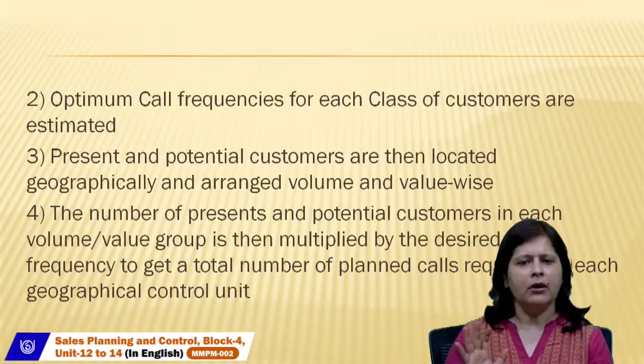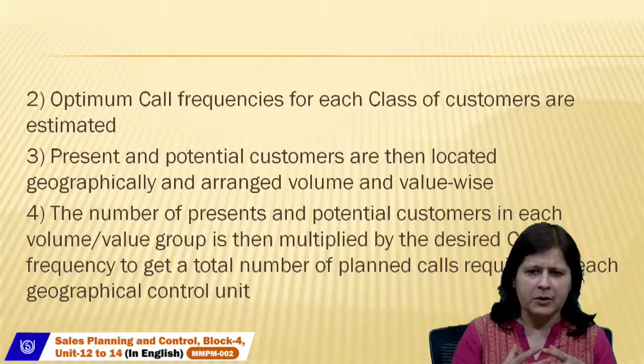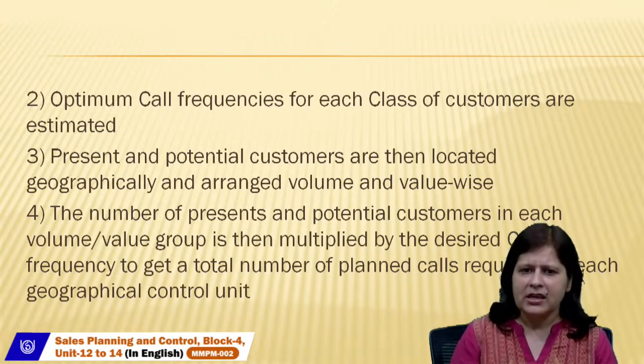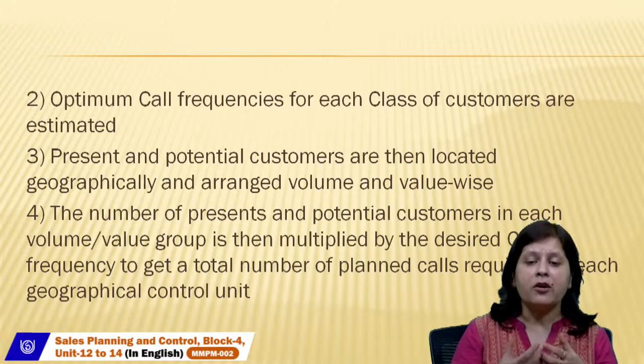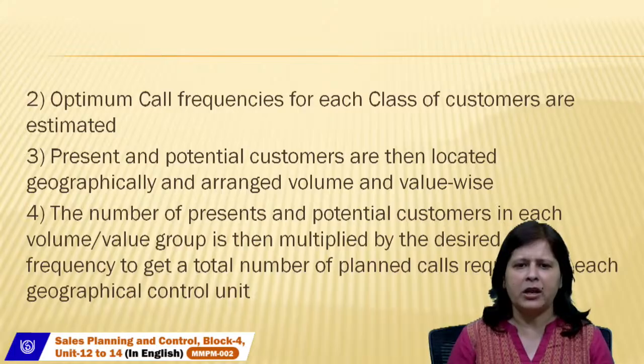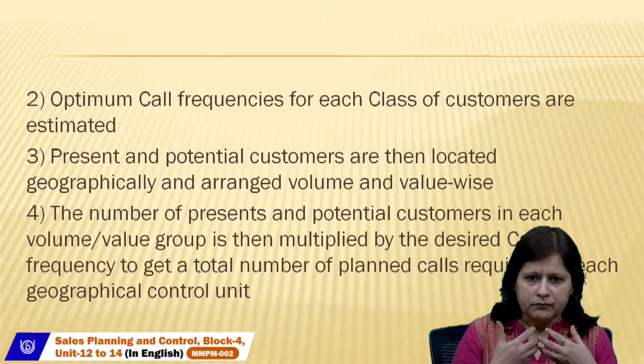So it is important to understand the number of present and potential customers, then the annual sales volume, then the number of calls we want a salesperson to make to those customers.